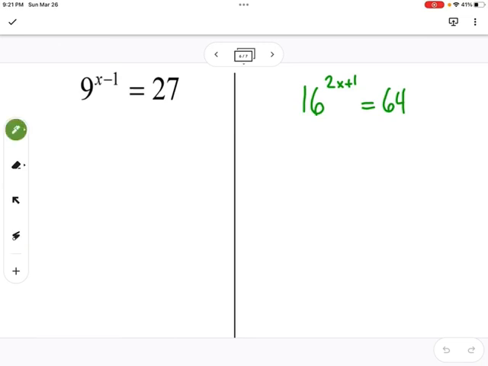So if we change the 9 into a base 3, that's 3 squared, to the x minus 1. And then our 27 is 3 to the exponent 3.